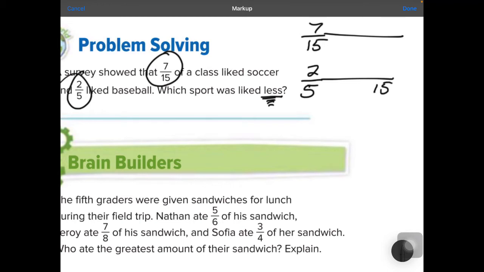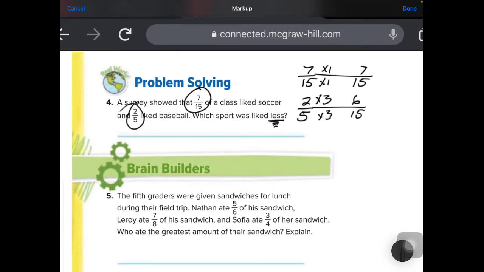We've got to get into a common denominator so we can compare them. Looks like 15 is a good common denominator. 5 will go into 15 3 times. 15 will go into 15 once. 2 times 3 is 6.